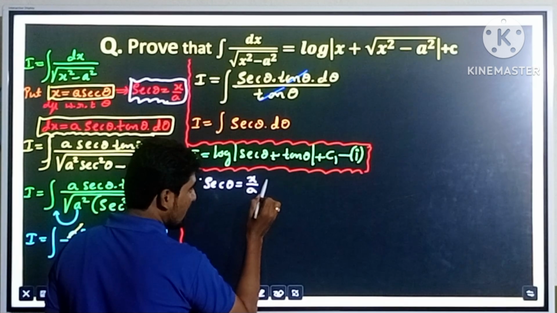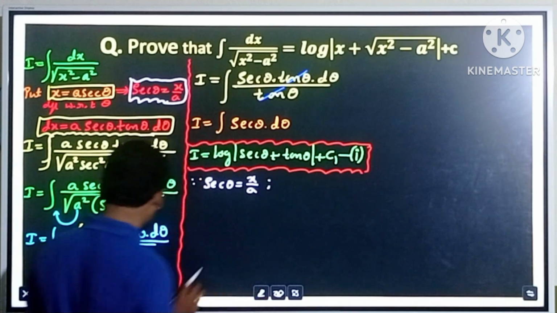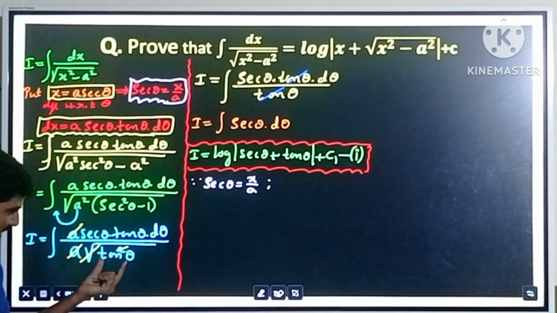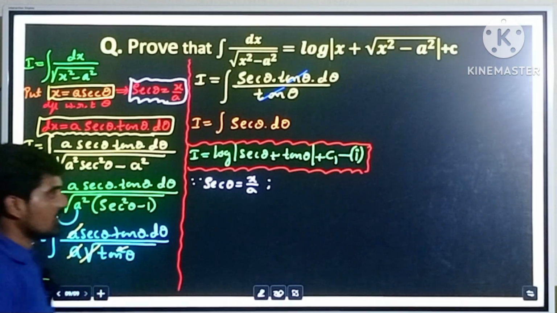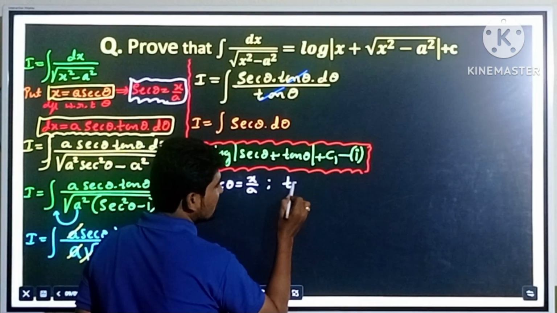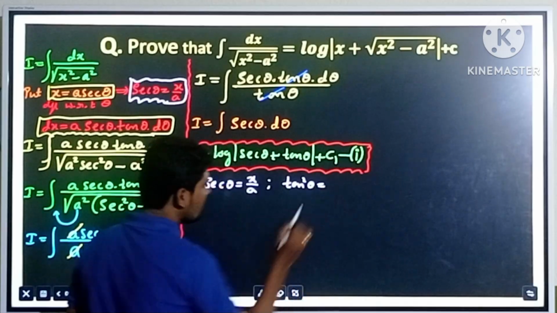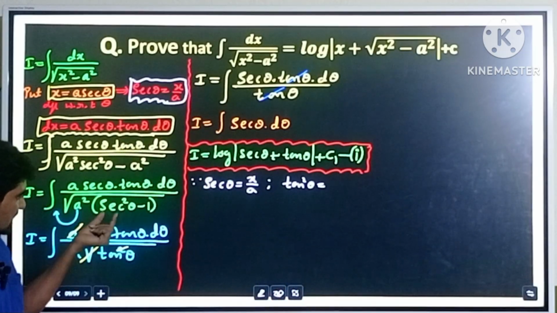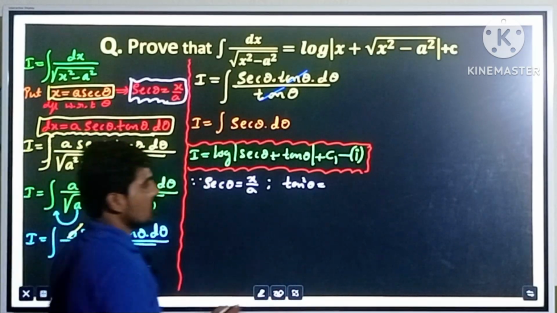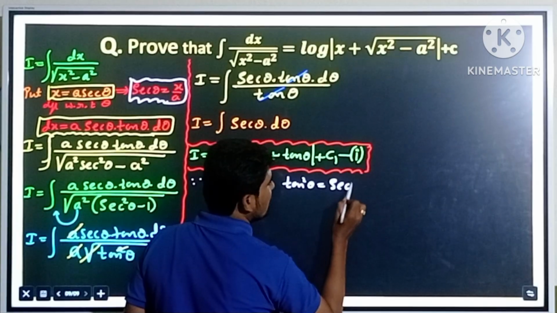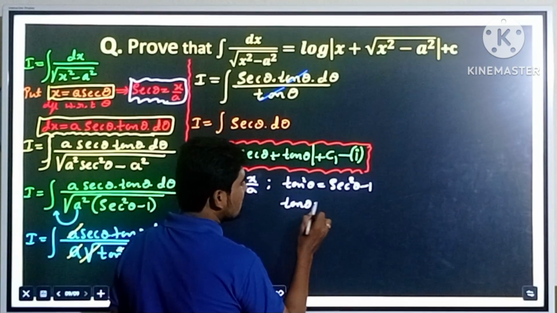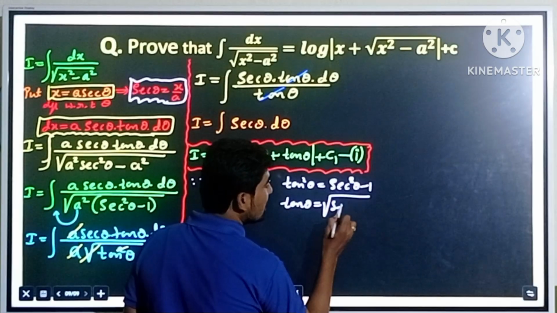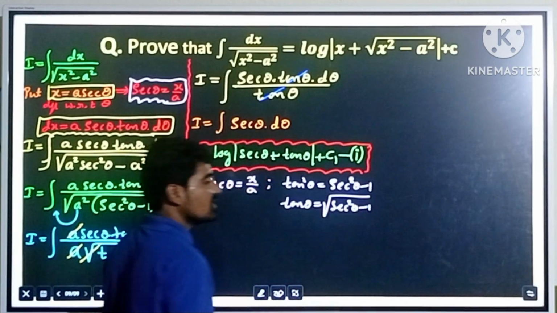to identify the value of tan theta, we know that secant square theta minus 1 is equal to tan square theta. Therefore, tan theta is equal to the square root of secant square theta minus 1.